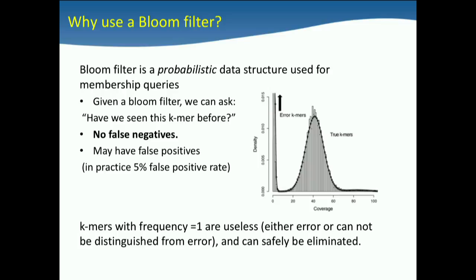But if I see the k-mer and the Bloom filter says yes, you have seen this before, then I'll start counting for real. There is a chance, 5%, 1%, whatever you set your error to in Bloom filters, that you might be counting unnecessary things a little bit, but you will be eliminating a very significant portion, so that saves a lot of memory.